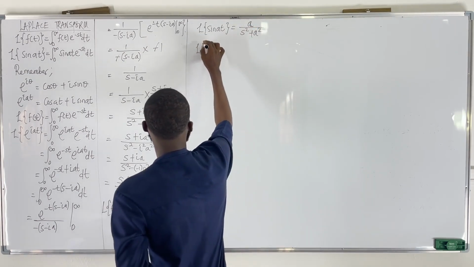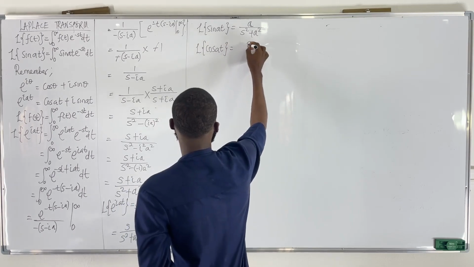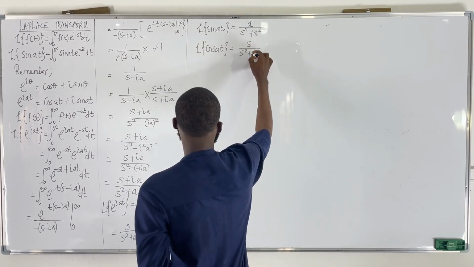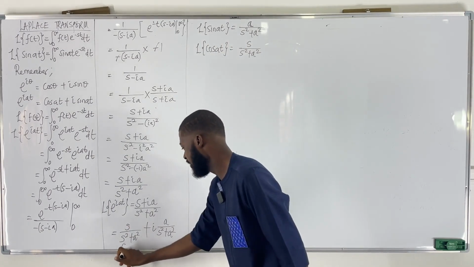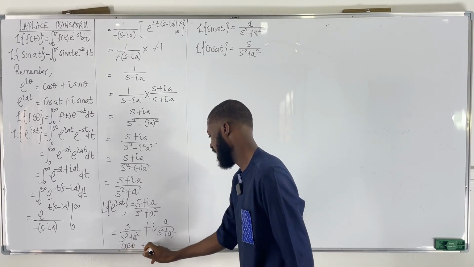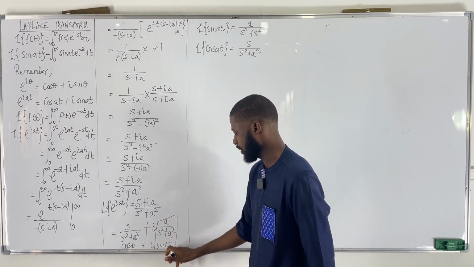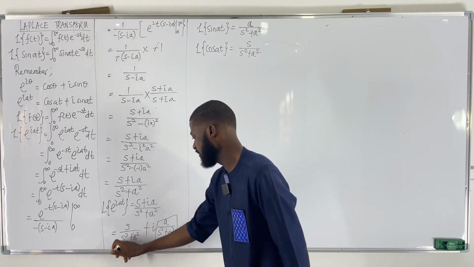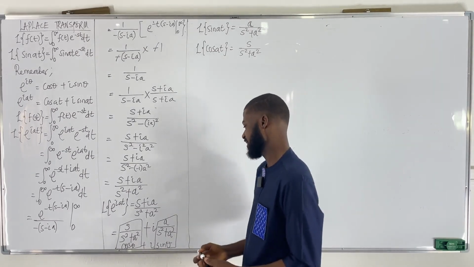Then the Laplace transform of cosine at will become s over s squared plus a squared. Because remember we have cos theta plus i sine theta, so by comparison, this will be for sine, and this here will be for cosine. So that's just it.